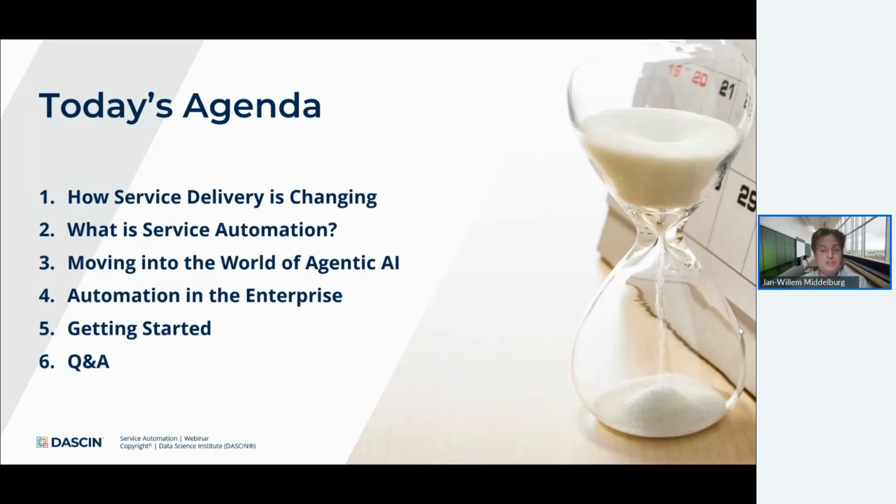In today's session, we're going to look specifically around the concept of service and service delivery and how automation technologies are transforming the way that we consume and utilize services on a day-to-day basis. Specifically, we are going to be looking at service automation and automation technologies and how artificial intelligence technologies, and especially agentic AI, is changing the way that we consume services on a day-to-day basis.